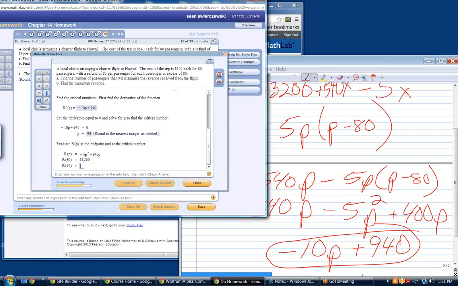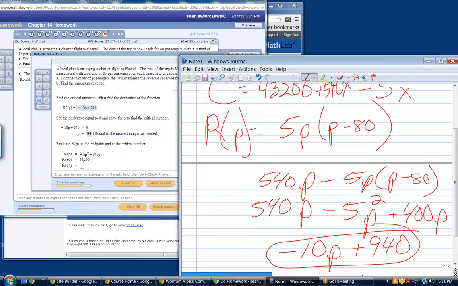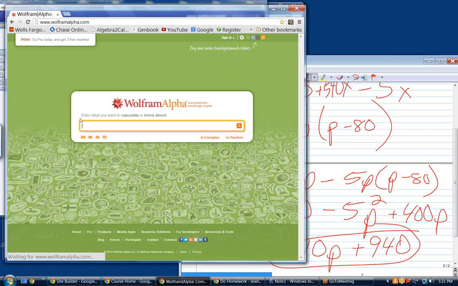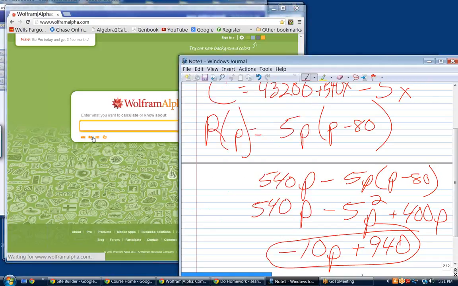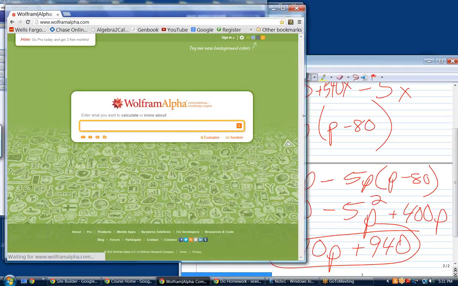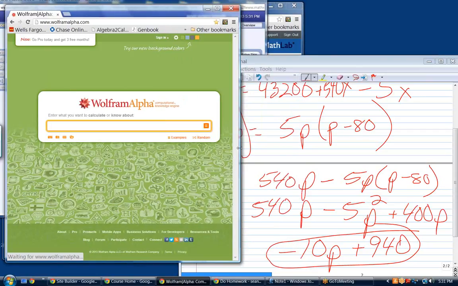And then R of 94 is, go back to the original function. So we want 540 times 94 minus 5 times 94 times 14.